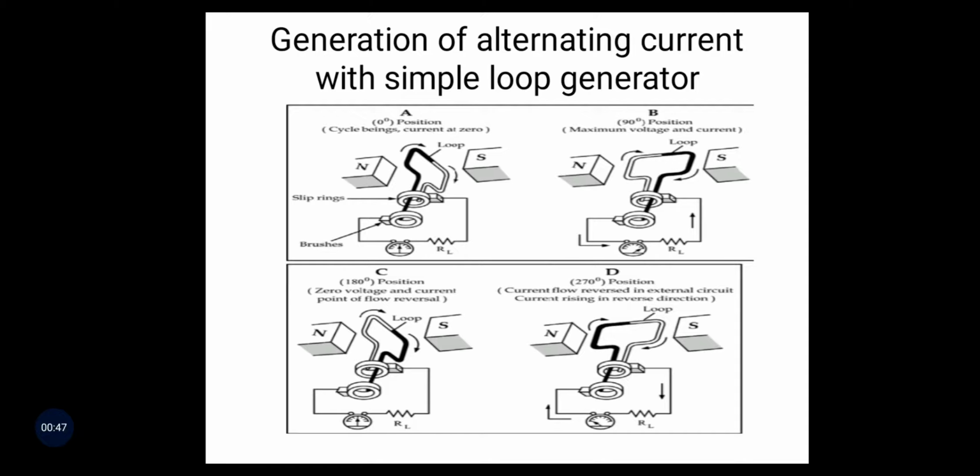Here the diagram shows the generation of alternating current with a simple loop generator. In this there is a north pole and south pole, and there is a single loop of copper wire, slip rings and brushes, and a low resistance RL.